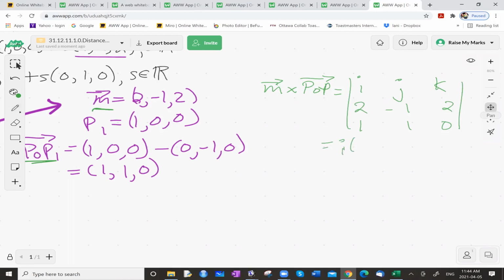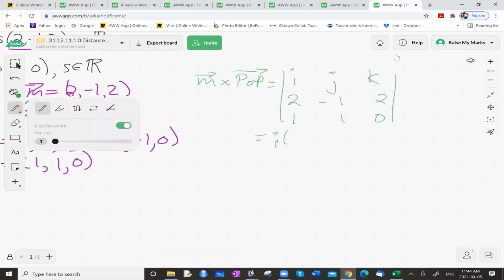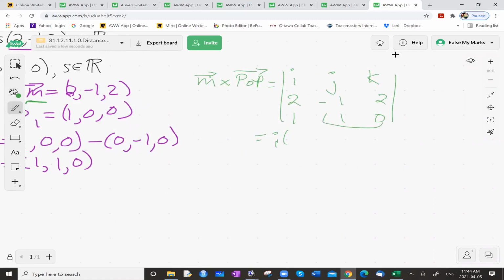Remember how we find this cross product. i times 0 minus 2, minus j times 0 minus 2 again, plus k times, looking at this first block of numbers, 2 minus -1, which is 1. So now we have -2i plus 2j plus 3k.